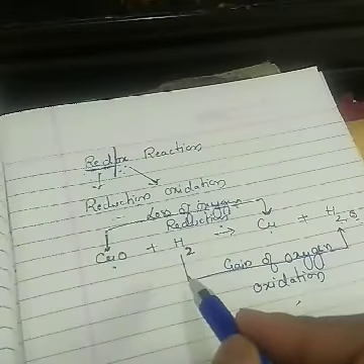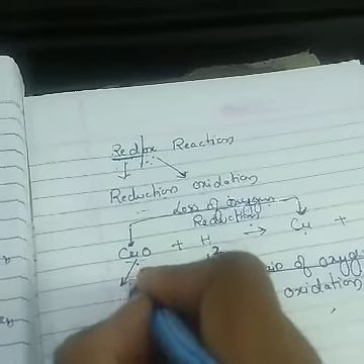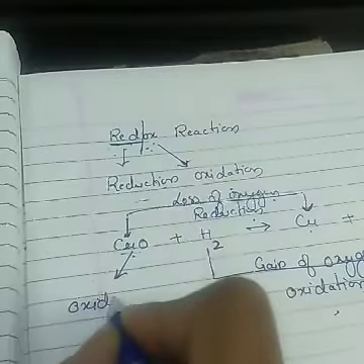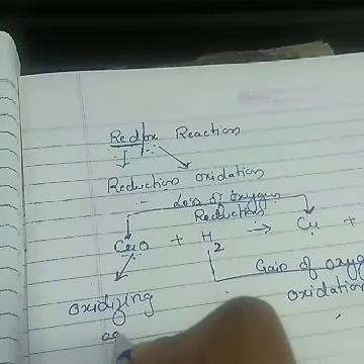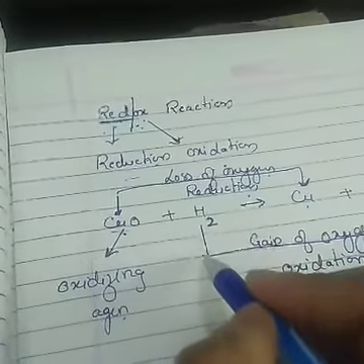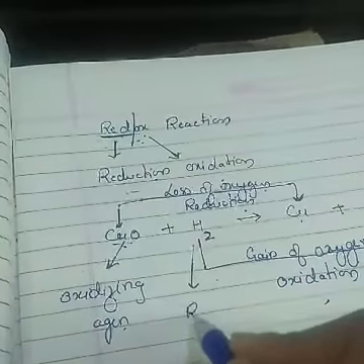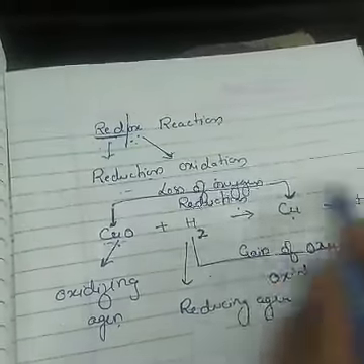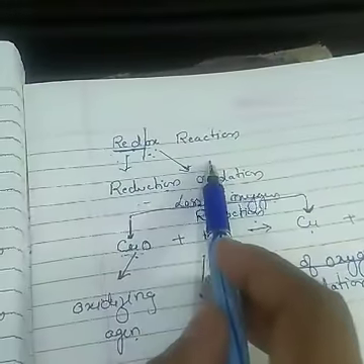The substance which gives oxygen is the oxidizing agent, because it is giving oxygen. The substance which gives hydrogen or gains oxygen is the reducing agent. A reaction in which both oxidation and reduction occur is called a redox reaction.